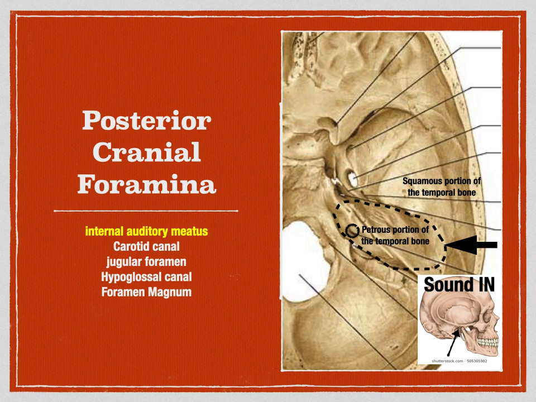The hearing apparatus then changes physical sound waves into neural impulses, and then the nerve carrying those comes out through this internal auditory meatus and into the brain. So we have sound in, a changing of that sound into neural impulses, and then the passage of those impulses through the vestibulocochlear nerve, cranial nerve 8, from there into the brain.